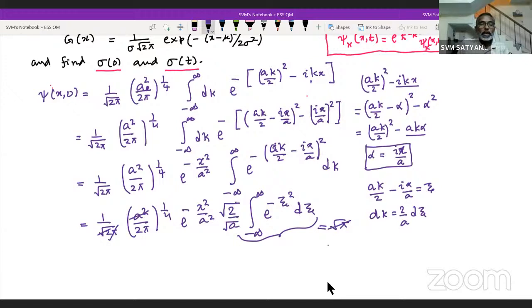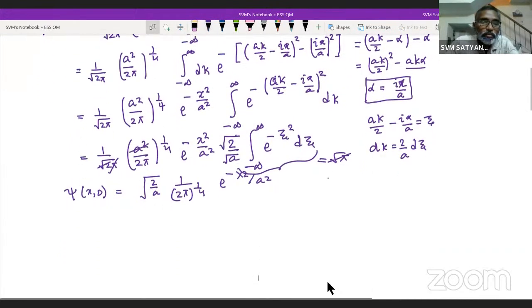So you are going to have your psi of x, 0 equal to square root of 2 by a into 1 by 2 pi to the power 1 by 4 into e to the minus x square by a square. So this is the answer.